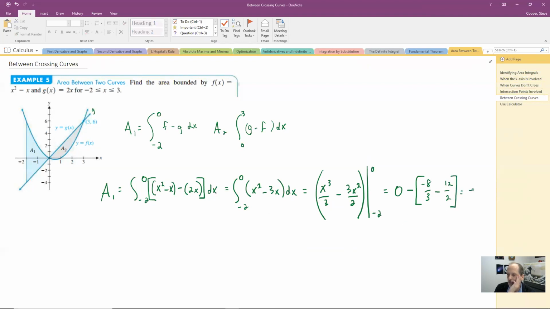So that equals negative... Just pop that in a calculator and you should see you get 8.6 repeating.